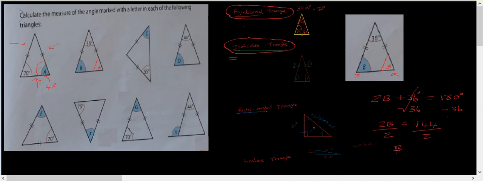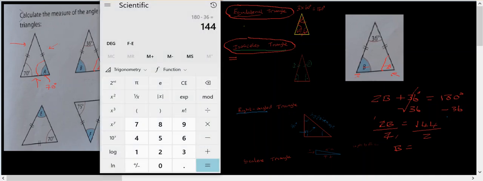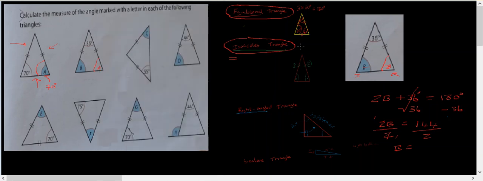So B is going to be equal to 2 into 144. 144 divided by 2 is equal to 72. So B is equal to 72 degrees. That's how you work out that one.